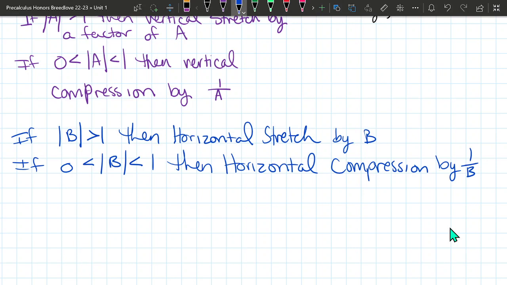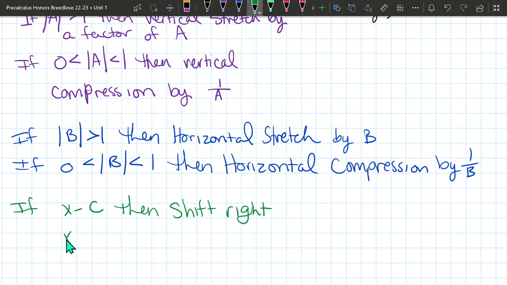And then what was the next letter? Is C. So C is going to be your horizontal translations. So if you have x minus c, I'm just going to do it that way. If x minus c means you shift right, and if x plus c, then shift left.